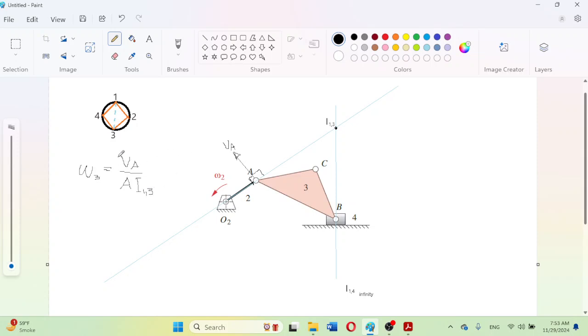Because V is equal to R omega, omega is equal to V by R. So this is actually R. We can also draw the line segment symbol at this. So this will be omega 3.